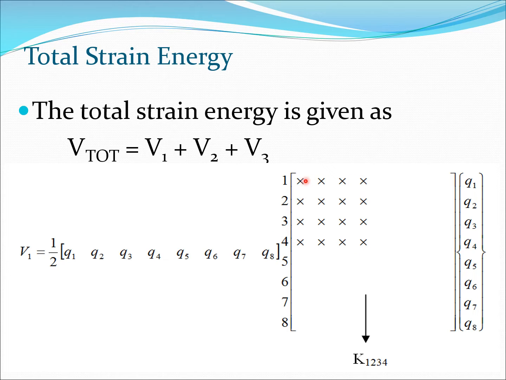So the numbers from the matrix for this segment are only going to populate the part of this complete matrix which corresponds to 1, 2, 3, and 4. Okay, so this 4 by 4 matrix is going to come here, and for simplicity we are going to call this complete matrix K 1, 2, 3, 4 because it corresponds to degrees of freedom 1, 2, 3, 4.